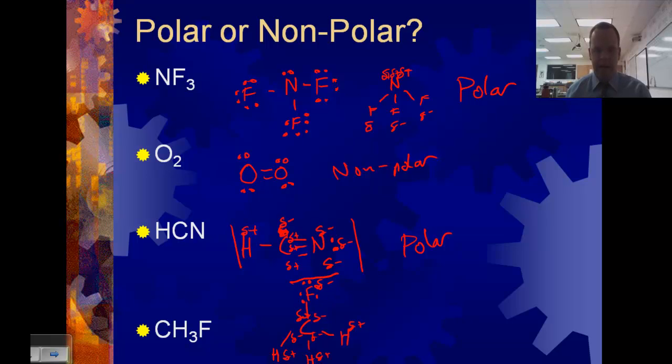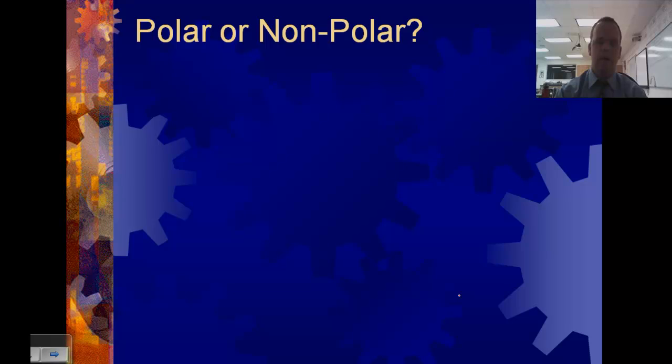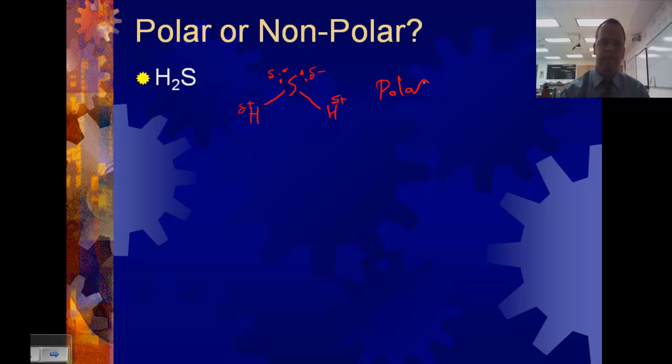So we have a negative side and a positive side. This is polar. A couple more examples. H2S. This is angular. We have a negative, positives. This is polar.